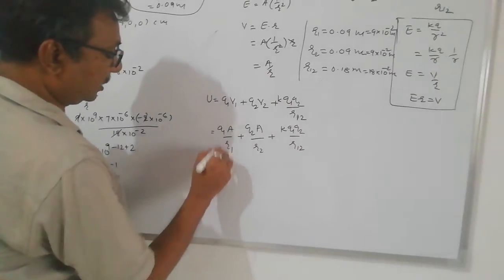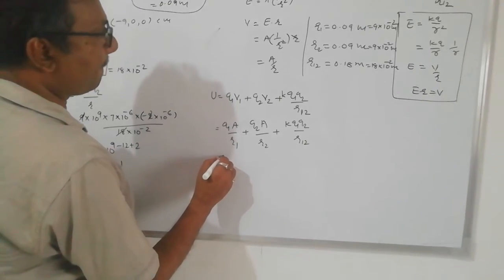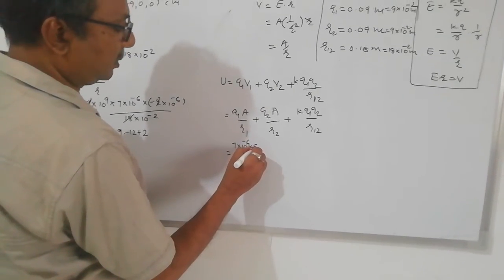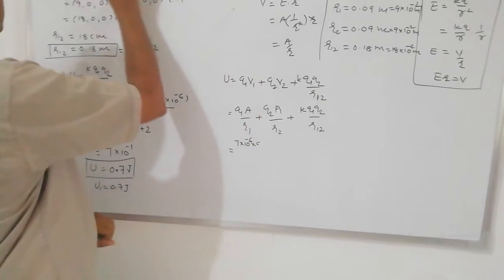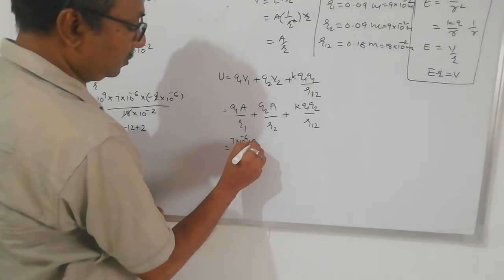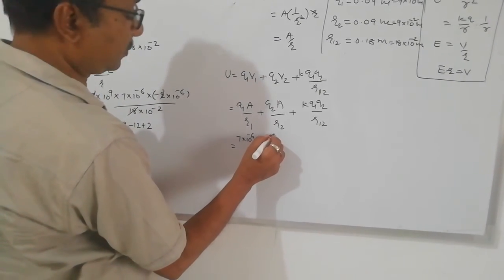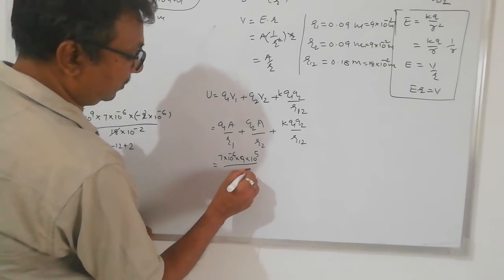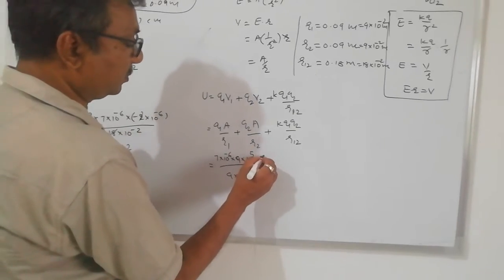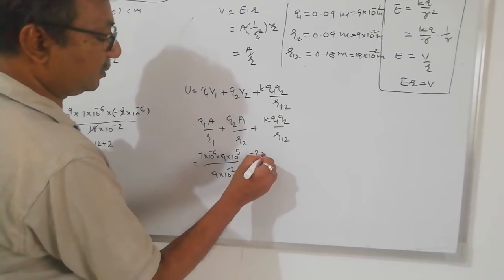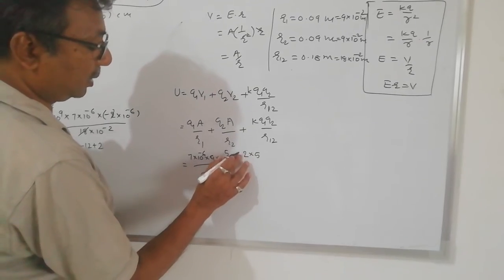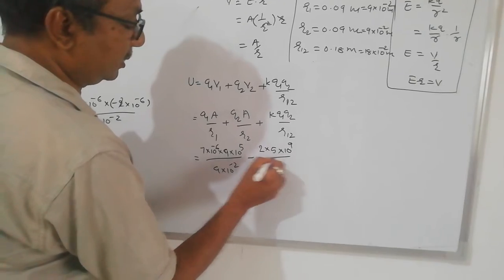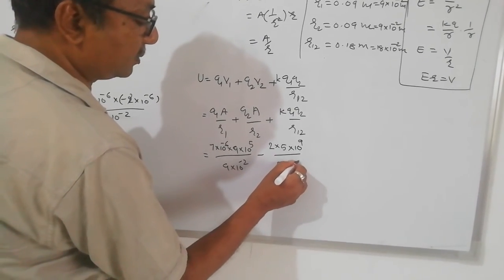So Q1 is equal to 7 into 10 raised to minus 6, A is equal to 9 into 10 raised to 5, upon R1, 9 into 10 raised to minus 2, plus Q2 equal to minus 2 into 10 raised to minus 6.